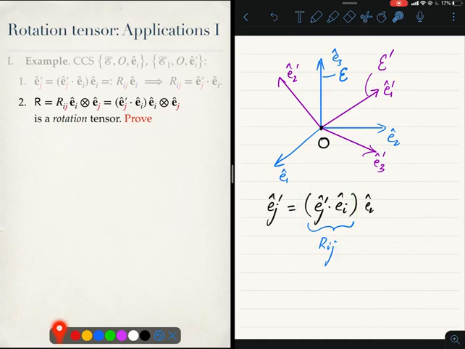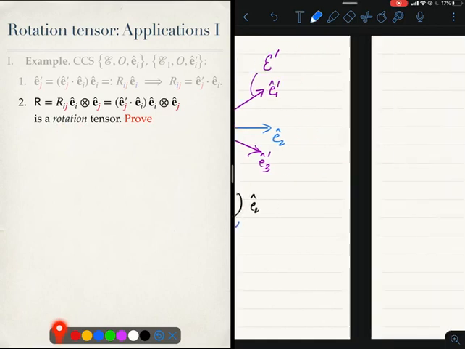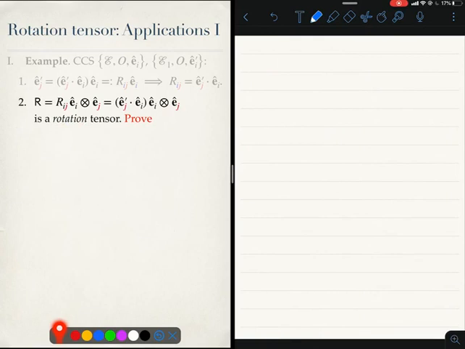All right, let's prove that. The first step to proving something is a rotation tensor is to prove that it is an orthogonal tensor. So R is given by Ej prime dot Ei tensor Ej. I should note something before I begin the proof.